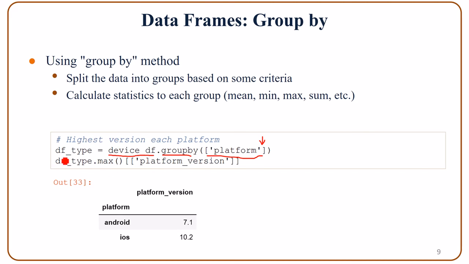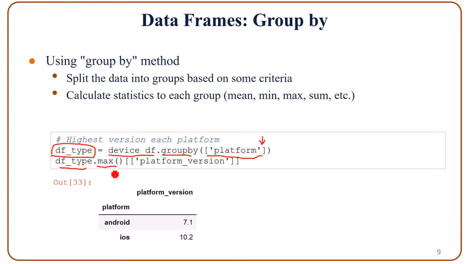Okay, and then you have the new data frame, df type. You can call the max method on df type.